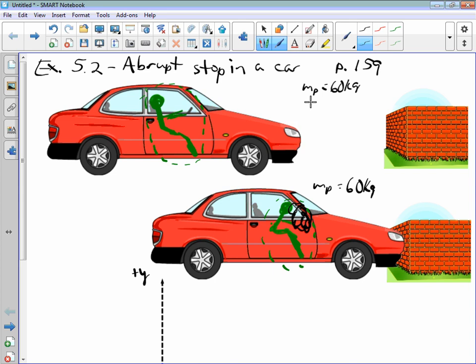Our initial time is going to be 0, or not meters per second, just seconds. And our initial velocity in the x direction is 16 meters per second, going that way, toward the wall.